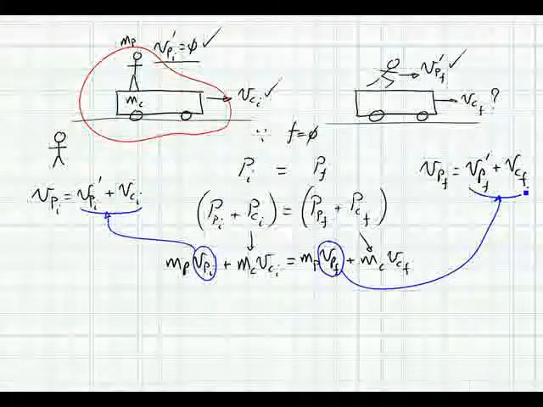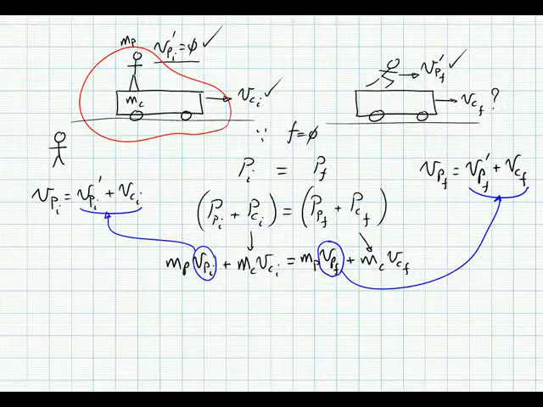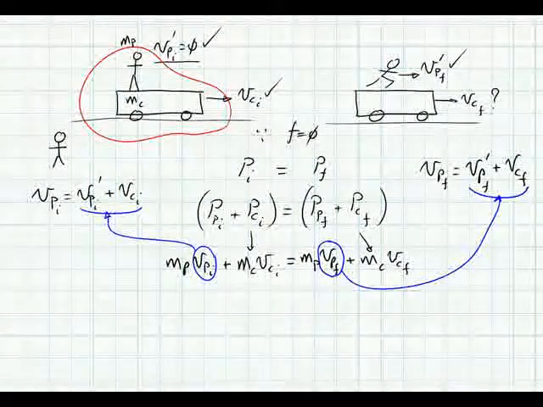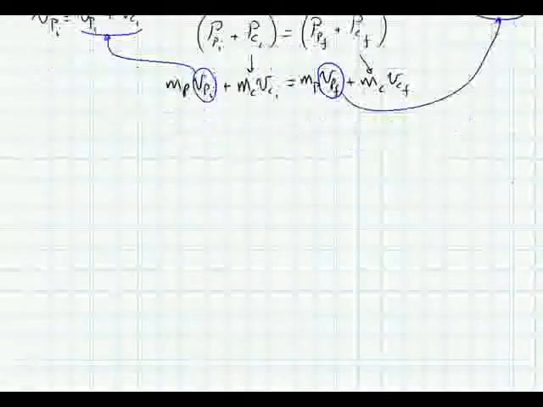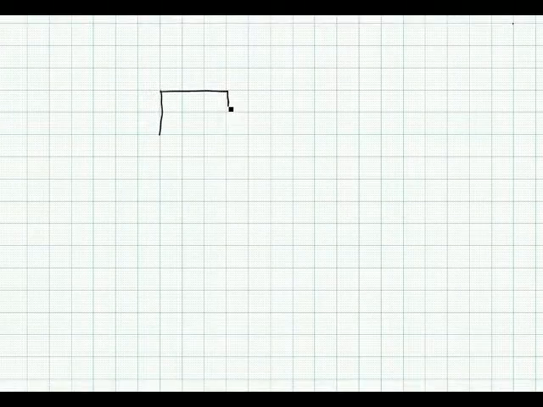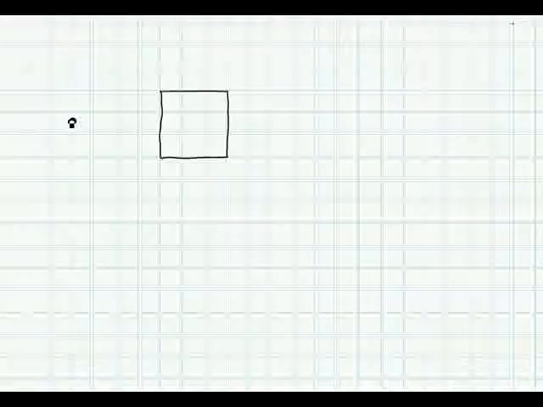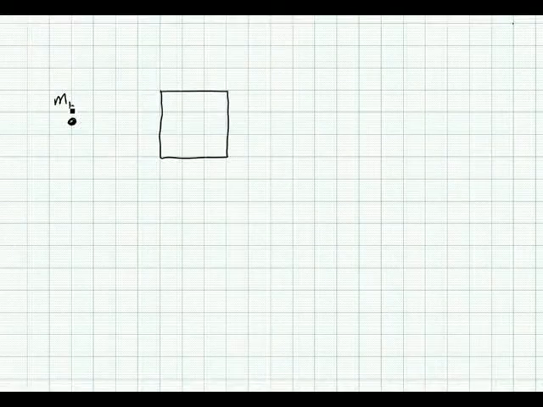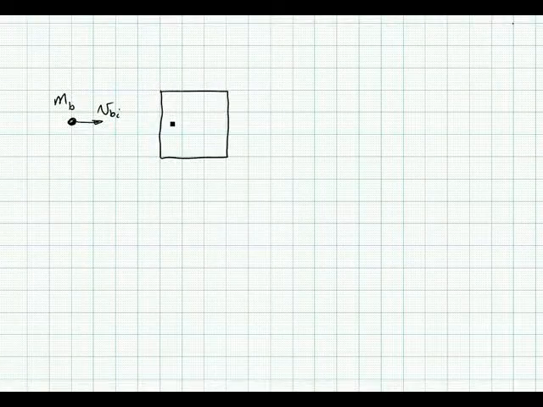So that was one clue I wanted to give you with respect to one of the homework problems. Now the last problem I wanted to give you a hint on is the one where we have a target and we fire a bullet towards it. The bullet has mass bullet and it has some velocity bullet initial.